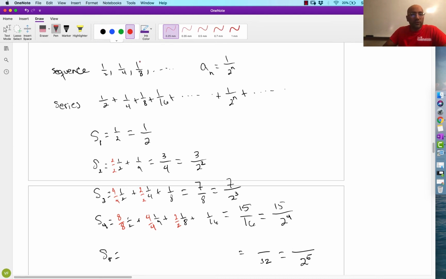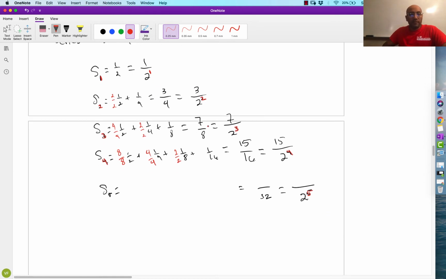And notice the relationship here. This is s sub 1, the first one on my list, and it's 2 to the power of 1. This one is s sub 2, the sum of the first two, and this has 2 to the second power. Then the sum of the first 3 is over 2 to the third power, the sum of the first 4 is over 2 to the fourth power, and the sum of the first 5 is over 2 to the 5th power, right?